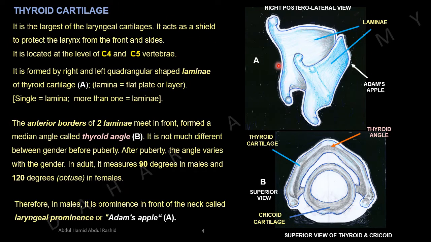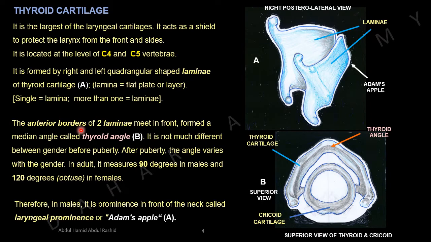Thyroid cartilage consists of right and left quadrangular shaped plates, A here, called laminae of the thyroid cartilage. Lamina is single, laminae is more than one. So these are right lamina and left lamina of the thyroid cartilage.